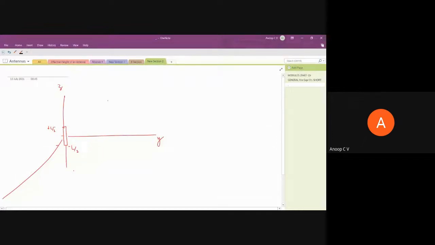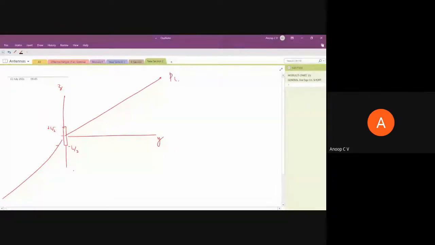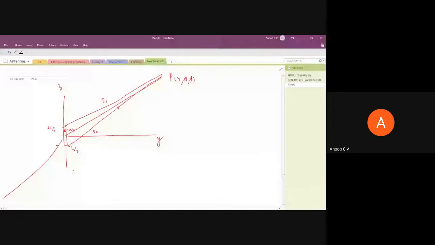We are interested in the field at some point P, at some distance r, right?